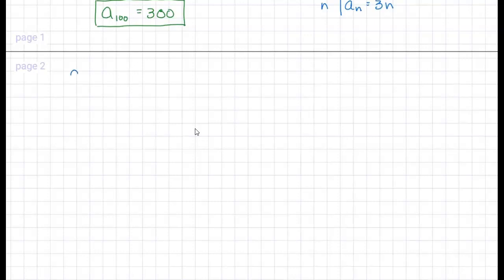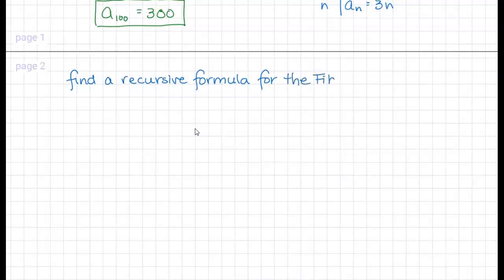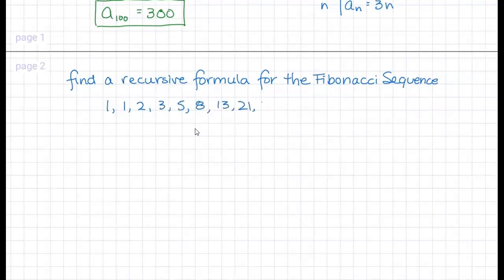So let's find a recursive formula for the Fibonacci sequence. Let's just write it down here: 1, 1, 2, 3, 5, 8, 13, 21, 34, and so on.